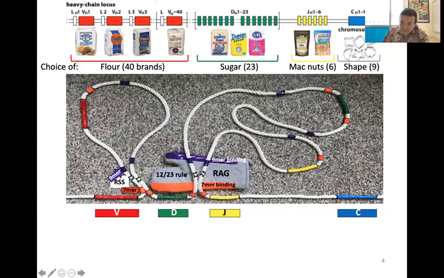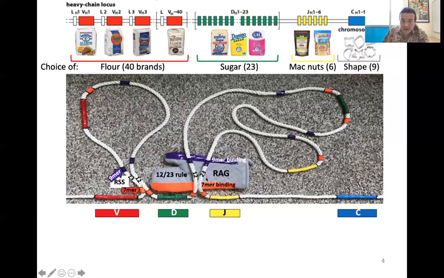So we said you have this protein complex, the recombinase activation complex, the RAG protein, like this oven mitt, that is able to randomly choose a red block, a green block, and a J block to put together. These are just fragments.